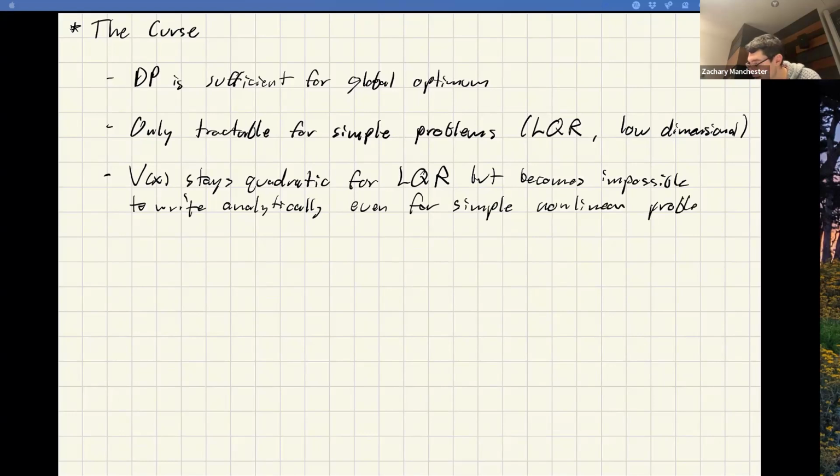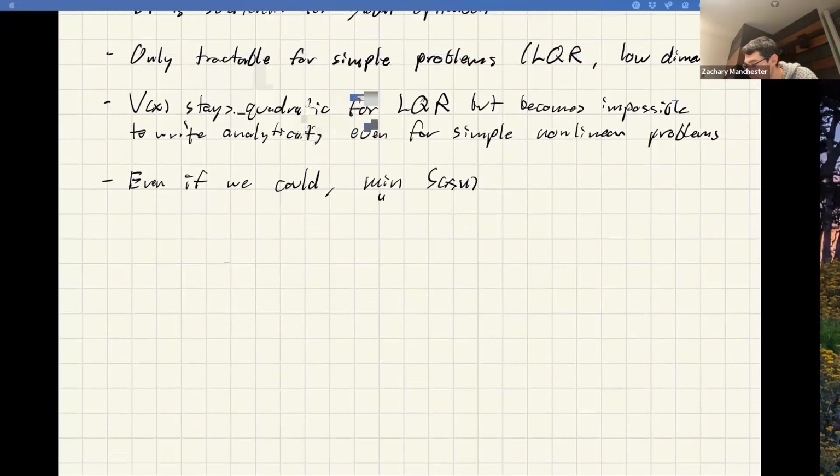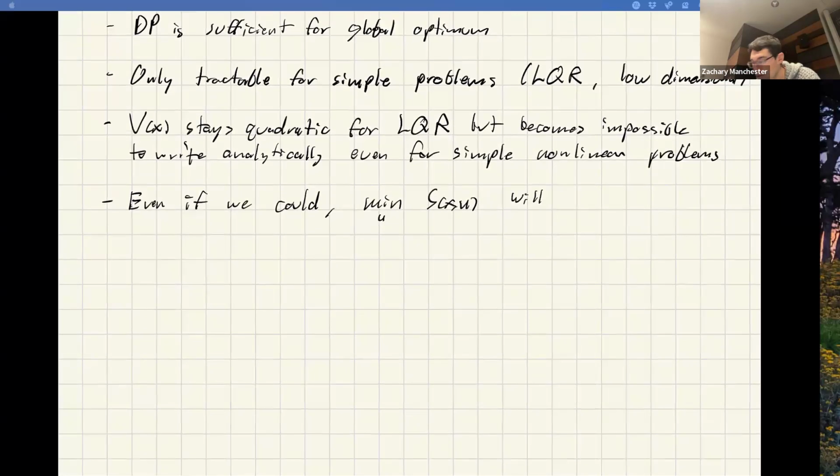And then, as you just pointed out, even if we could calculate it, we'd still have to be able to solve the min over the action value function, which could be non-convex in general, and possibly hard on its own.